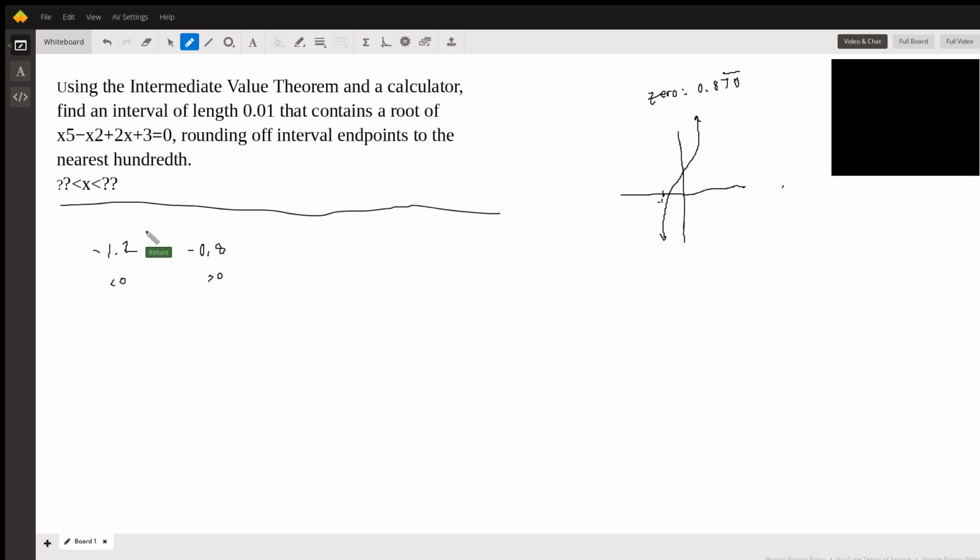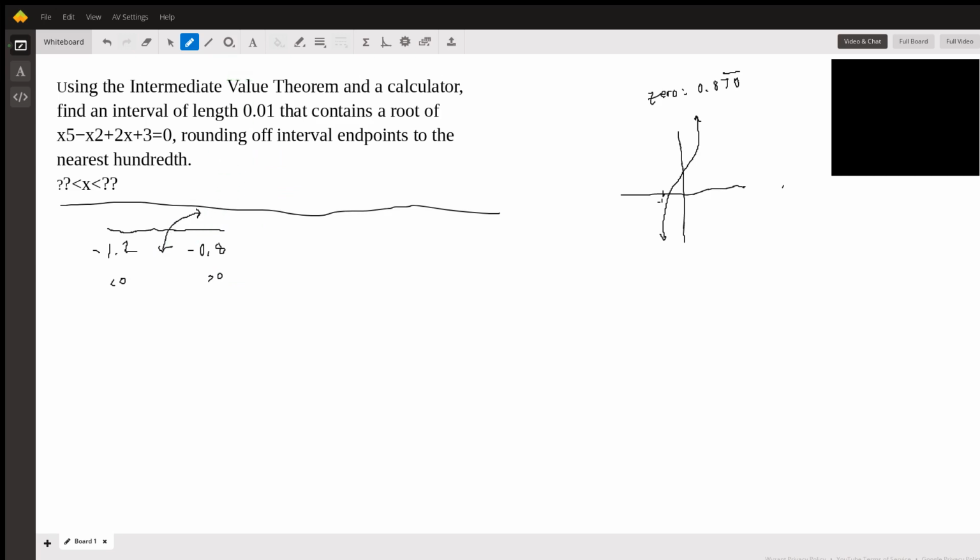So imagine we have an x-axis here. The curve has to go through 0 somewhere inside this interval, because to the right I'm getting a positive, and to the left I'm getting a negative value of y. So what we do is we take the midpoint and try again.